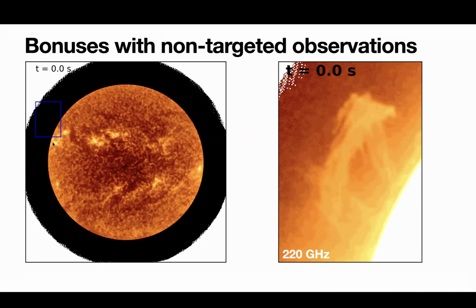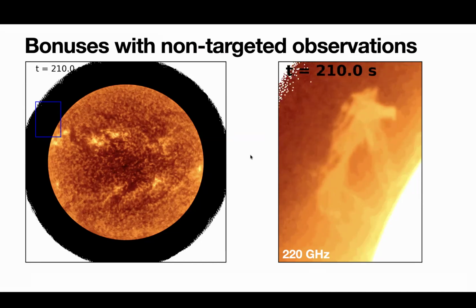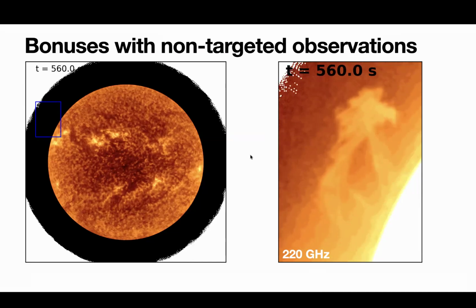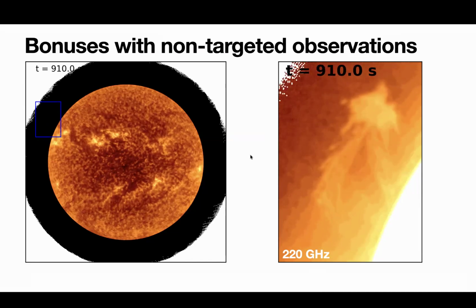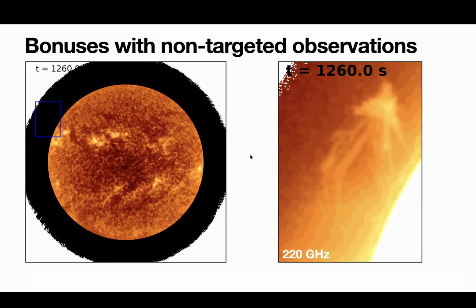You can't see it in a linear temperature scale, but if we go to the log scale shown on the right, you can really make out the structure of the prominence here at 220 gigahertz. And as this also evolves in time, you can see how the prominence itself evolves, which is also cool to see.